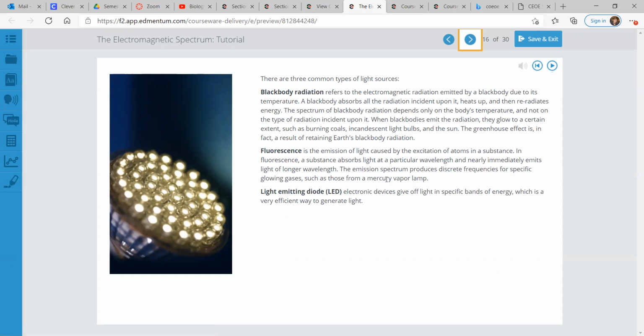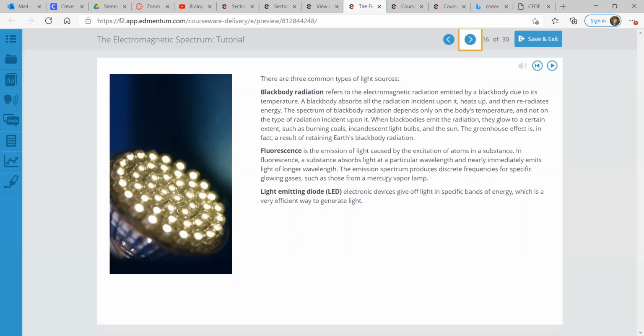There are three common types of light sources. We have black body radiation. That refers to the electromagnetic radiation emitted by a black body due to its temperature. A black body absorbs all the radiation incident upon it, heats up, and then re-radiates energy.